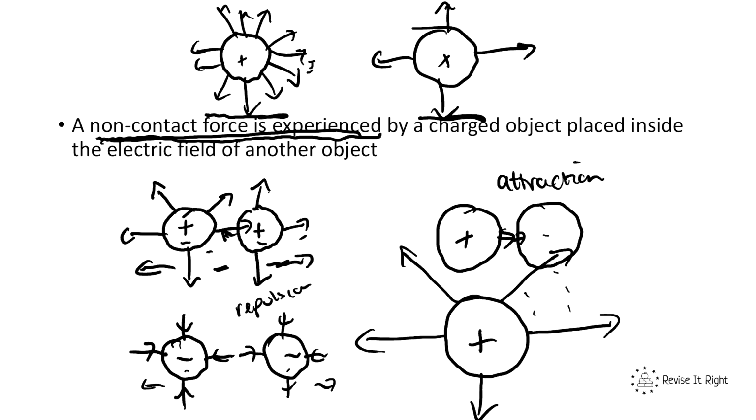Now you can see from hopefully this figure that the further you go away from the object, the further apart the lines are. So for example, if we compare this point here, where the lines are quite close, to this point here, where the lines are further away. So what this tells you is that the further away you are from the object, the weaker the electric field, because the lines are further away from each other.